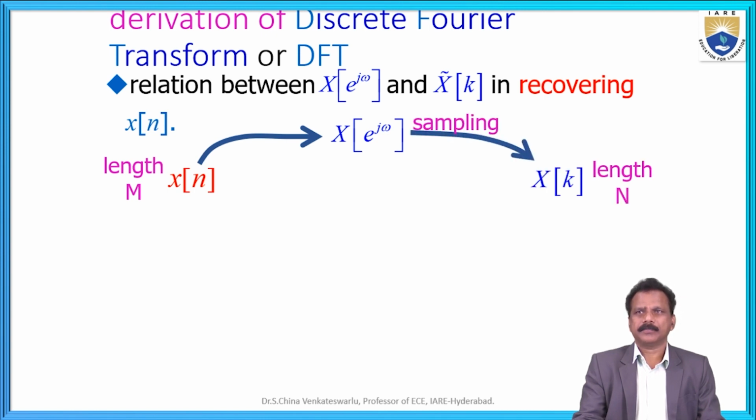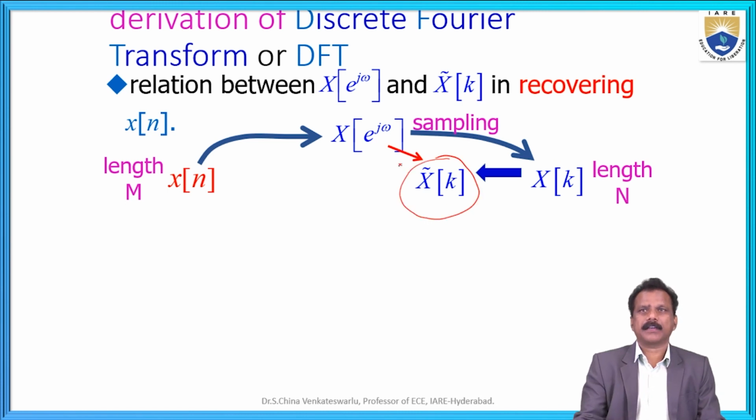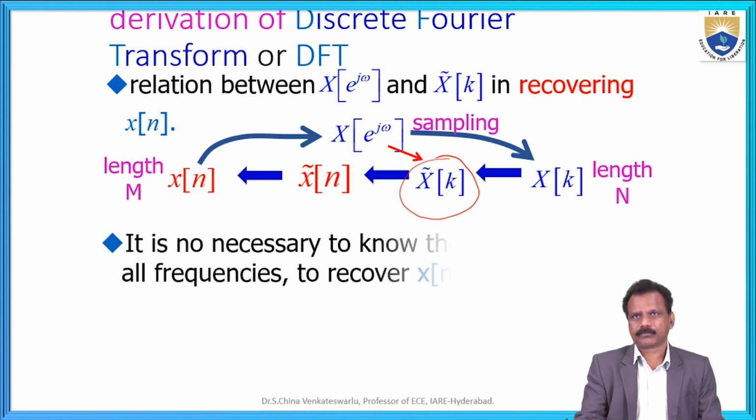With this, we have to verify that x of k is the discrete time Fourier transform. After that, the inverse discrete Fourier transform gives x of n. Finally, the length M is x of n.